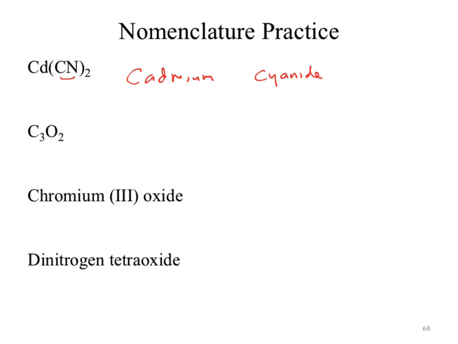We also have another case of a metal showing up, chromium versus cadmium. We write out the name for chromium, note we have the Roman numerals. Should I include the Roman numerals in cadmium? No. Why do we not include the Roman numerals for cadmium, but we have to for chromium?